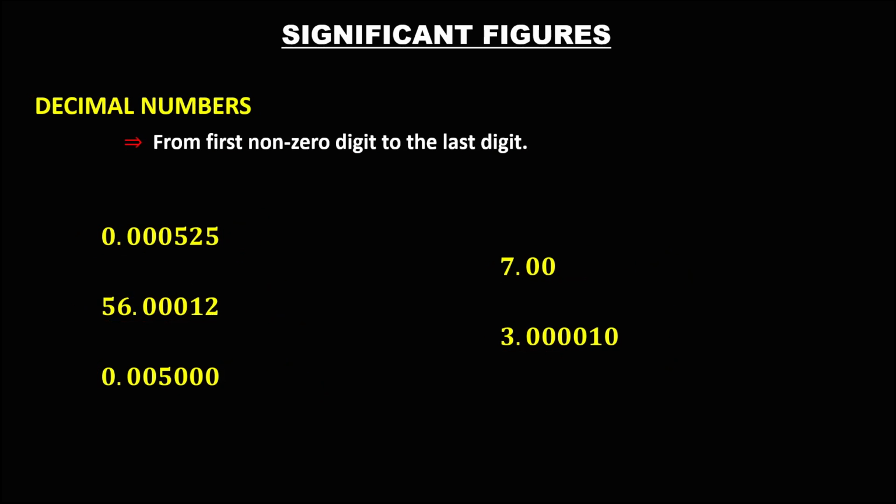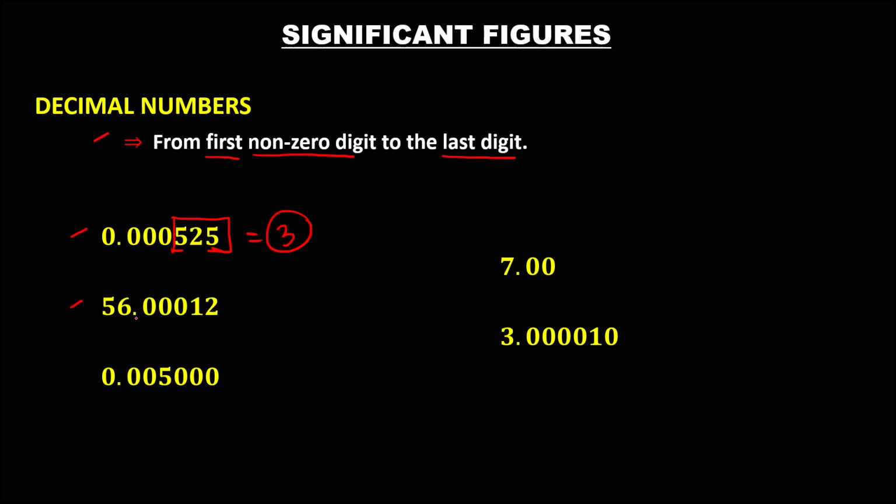Then the second rule, the decimal numbers. For decimal numbers, we count from the first non-zero digit to the last digit. So for this given, this is a decimal number. Using this rule, from the first non-zero to the last, there are three significant figures.